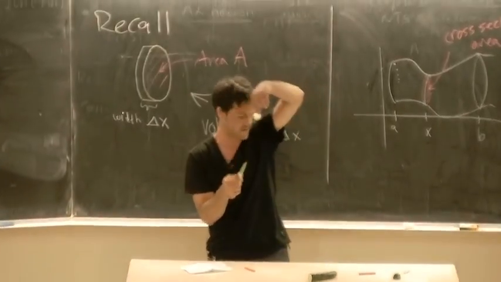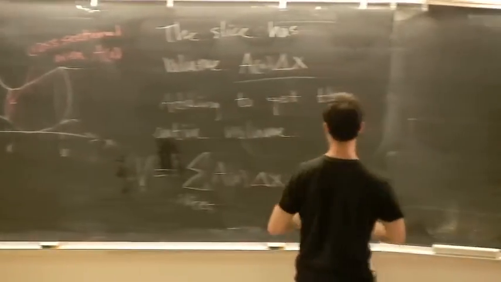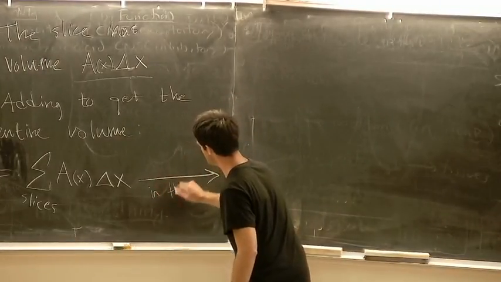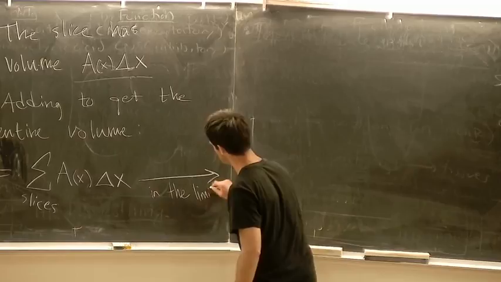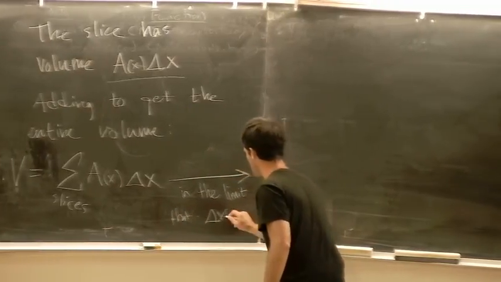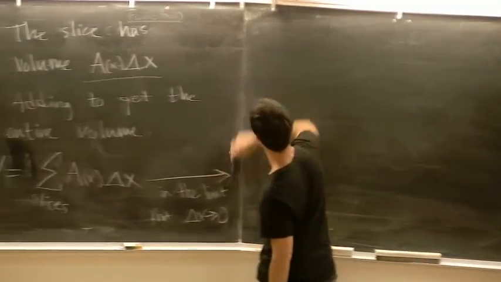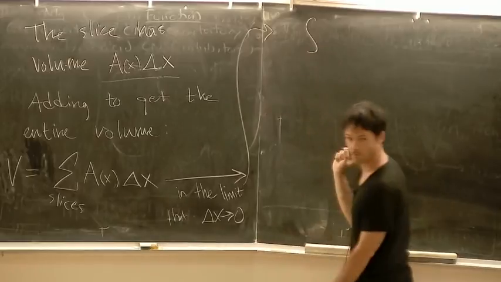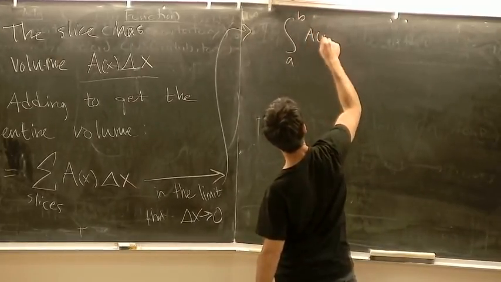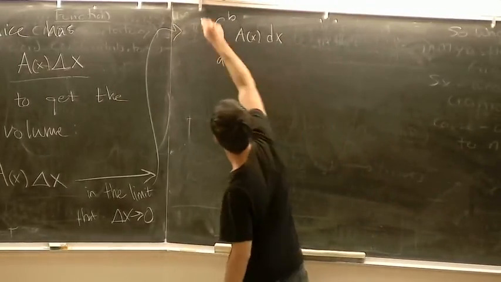It's supposed to be infinitesimally thin. So in the limit that the width gets infinitesimally thin, we should get the integral from a to b of A of x dx. So that's your volume formula.